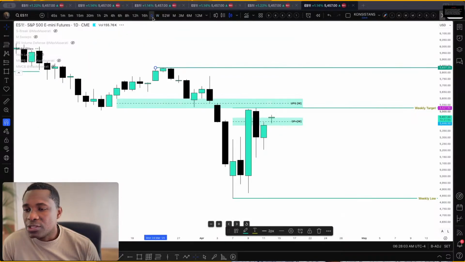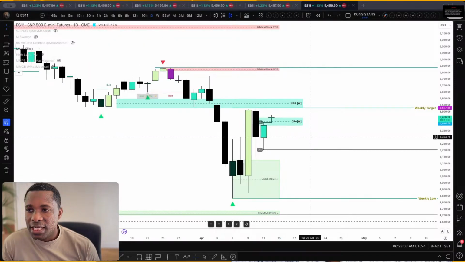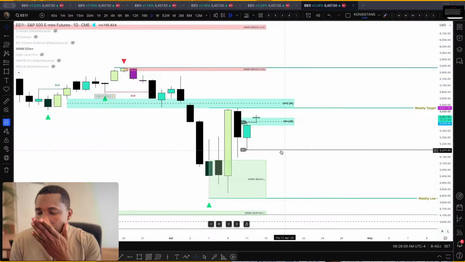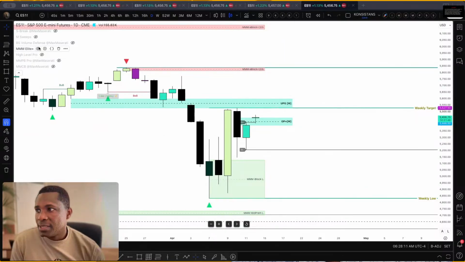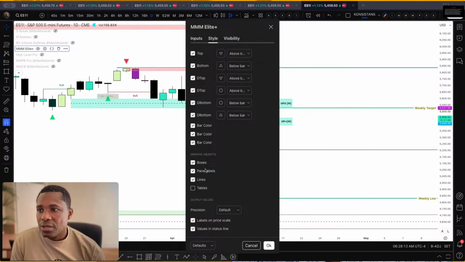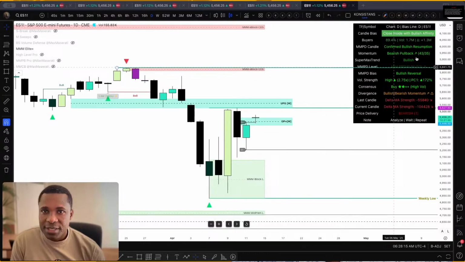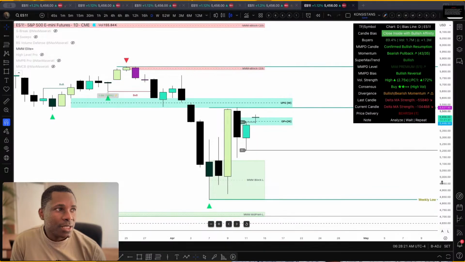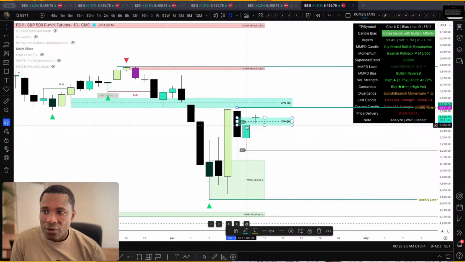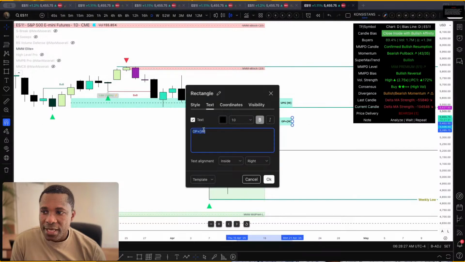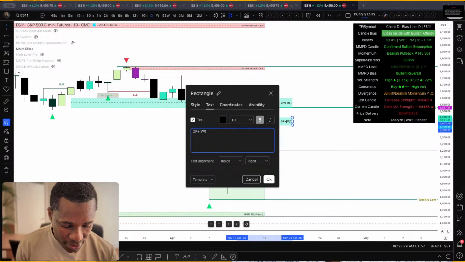On the daily, what we can see is the last candle was a bullish close inside with bullish affinity, which means close inside with bullish affinity. So that was on Friday. On Monday, price opened with an opening plus on the daily, the same thing as on the weekly.